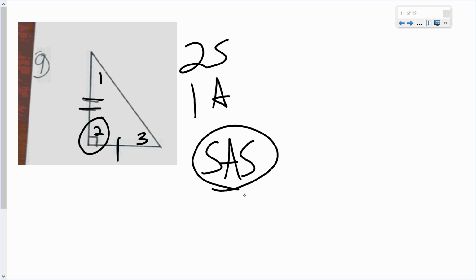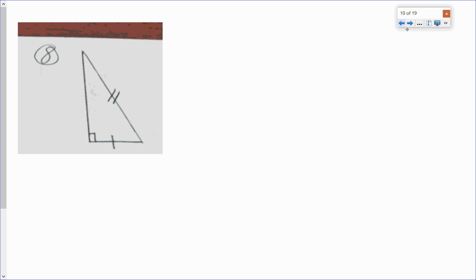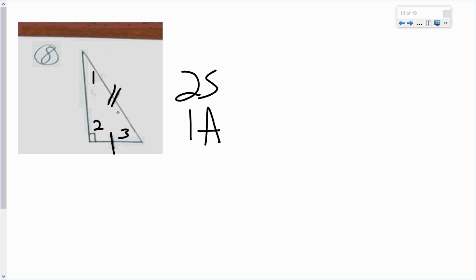Let's jump back to number 8. I have 2 sides marked. I have 1 angle. Which angle is the angle that's in between these 2 sides? Well, this one is. Is that the angle that's marked?